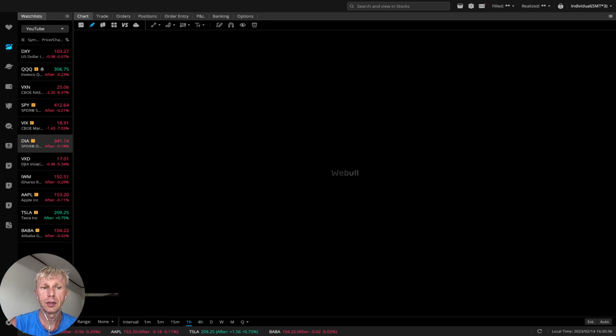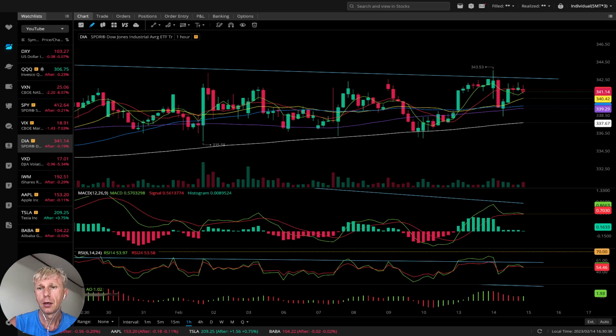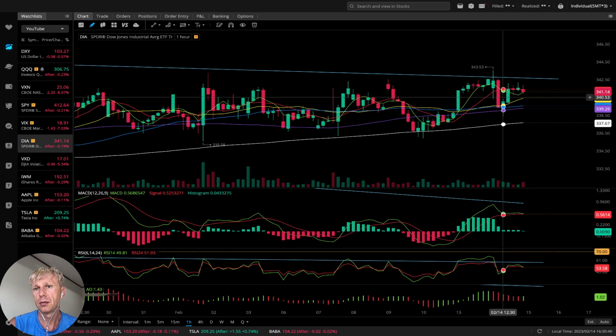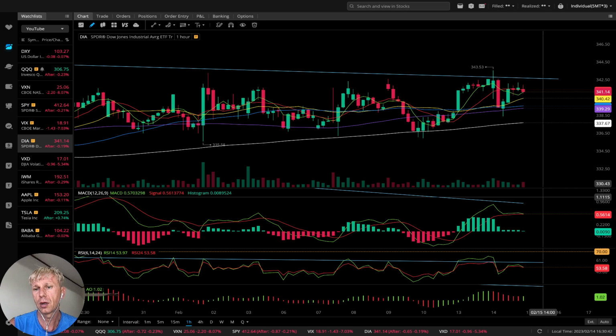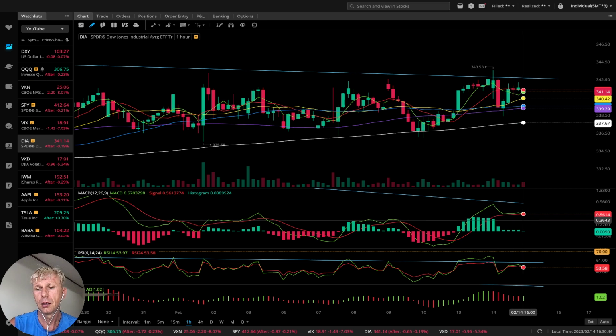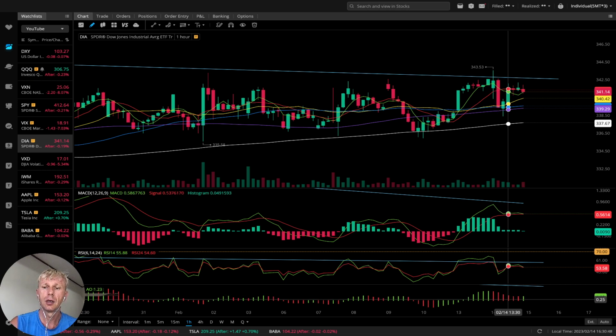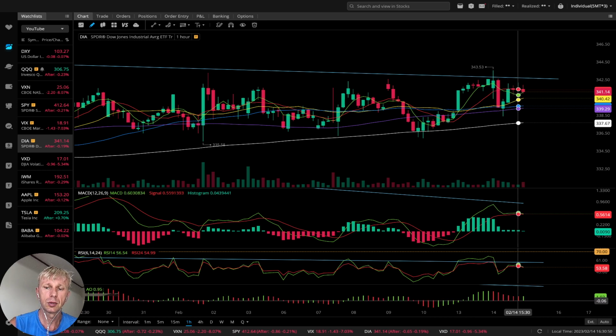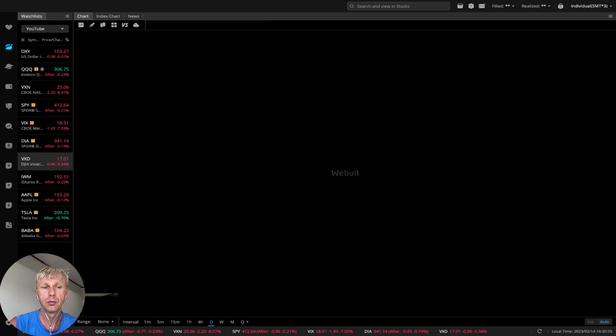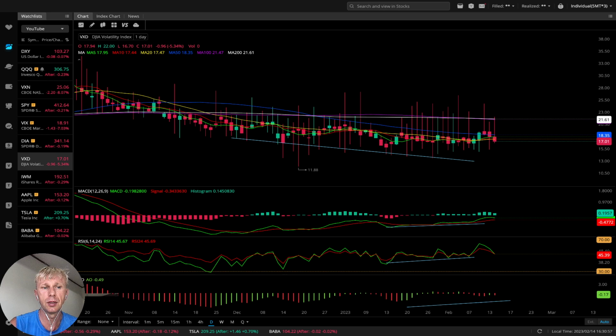Let's move to the 1 hour time frame. MA5 did a bearish crossover, MACD ready for bearish crossover, RSI ready for bearish crossover, awesome oscillator was red, now it's green. Let's move to VXD, the volatility index for Dow.